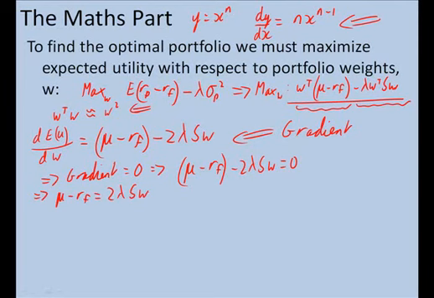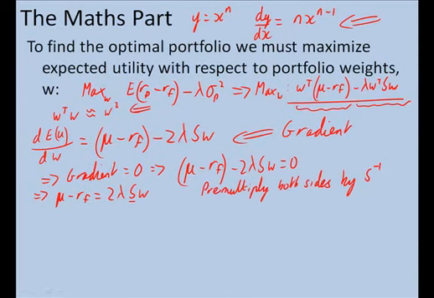We want W on its own. How do we get rid of S? S is the variance-covariance matrix. This is where we have to think back to our matrix algebra rules. Suppose we pre-multiply both sides by S inverse.